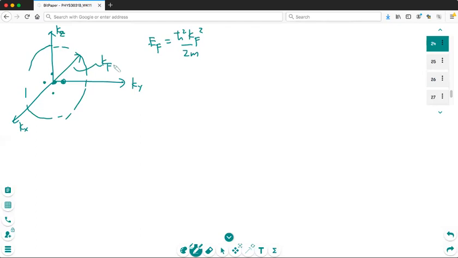Now you can imagine this problem to be very symmetrical, because if I write the E again, E is h bar squared divided by 2m times kx squared, ky squared, and kz squared. I will start from the lowest energy level and fill up the electrons along the higher energy direction.